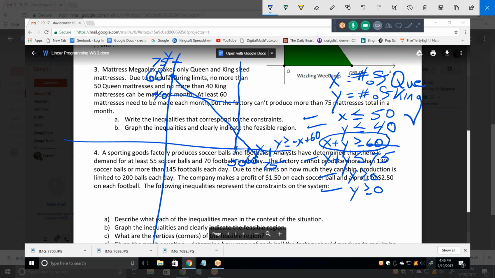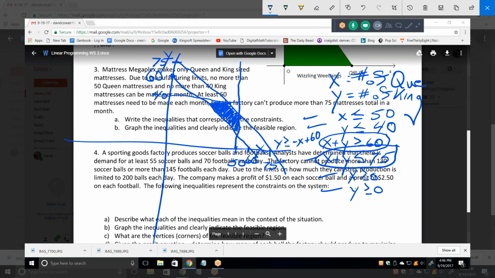In other words, you're getting the x by plugging in 0 for y, and you're getting the y by plugging in 0 for x. Well, that's a line that's parallel to our other slanted line. But which side are we on? Below it. So our feasible region is that region right there.